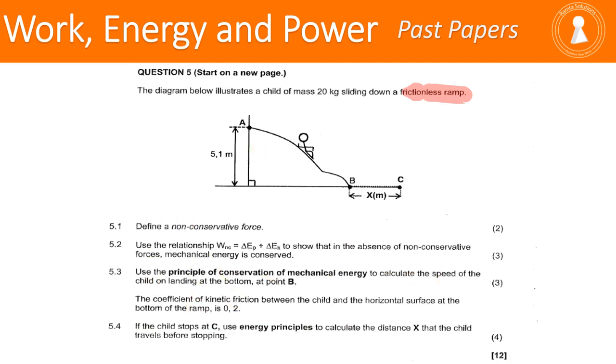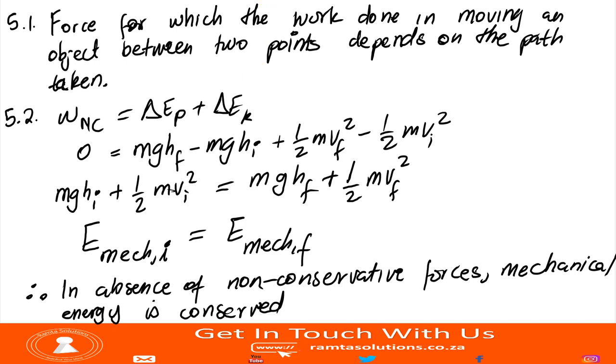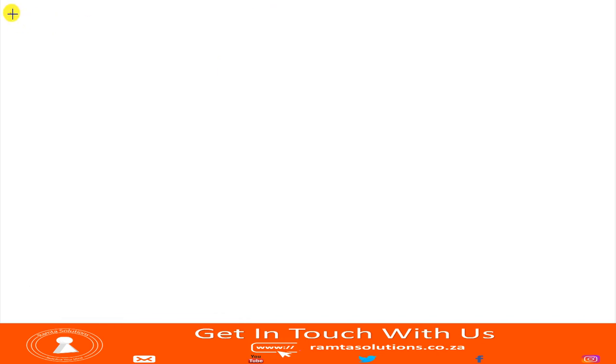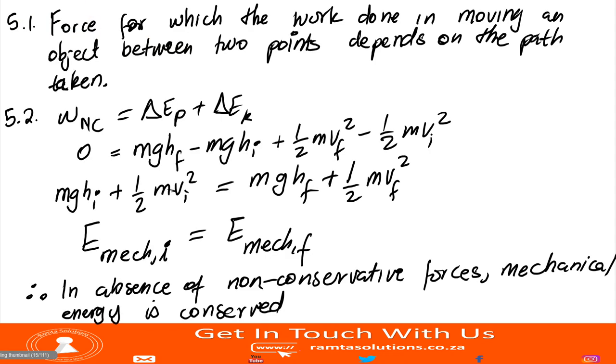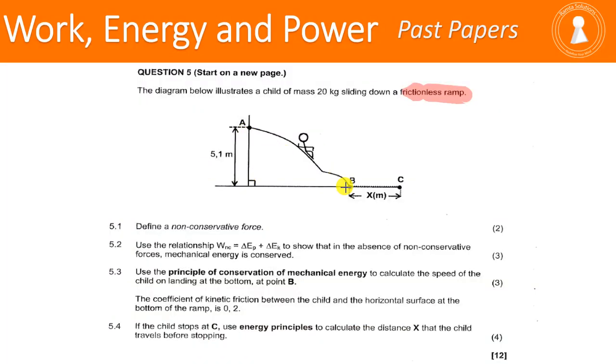We're going to use the law of conservation of mechanical energy that we just proved. So potential energy at point A plus kinetic energy at point A is equal to potential energy at point B plus kinetic energy at point B. It's simple.